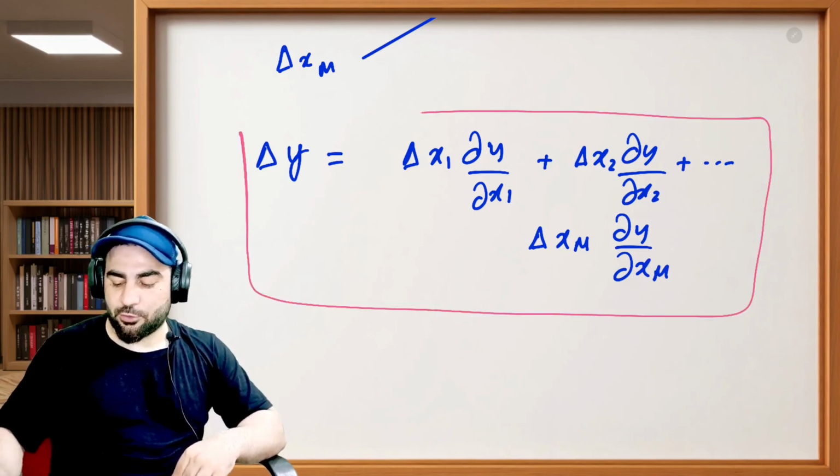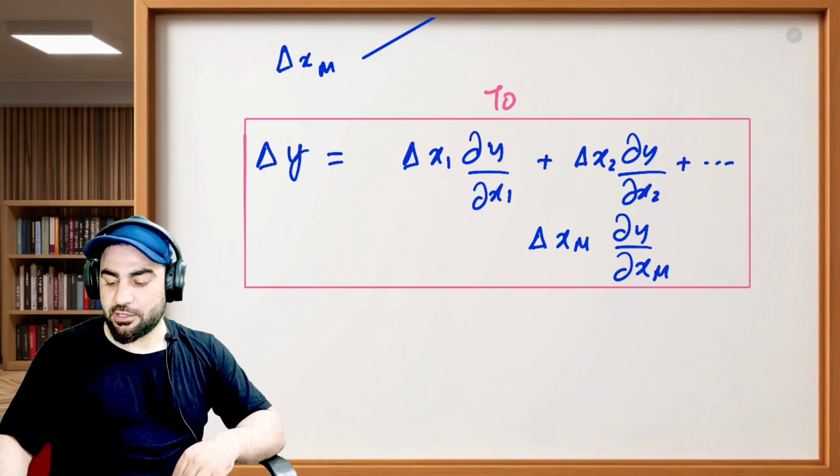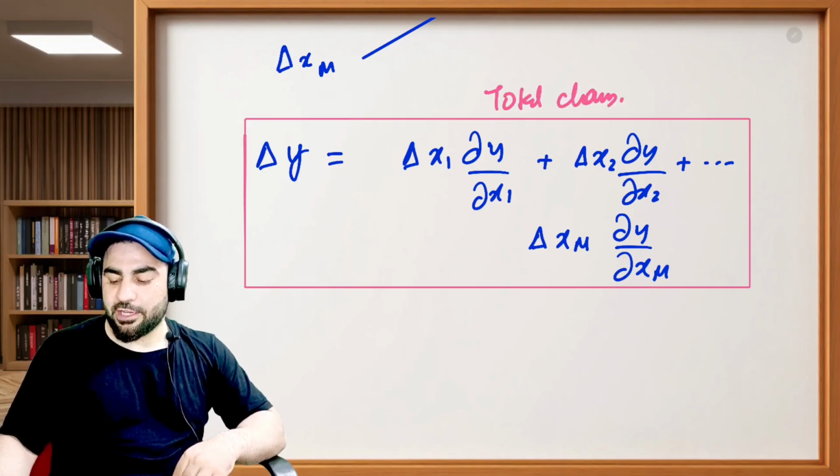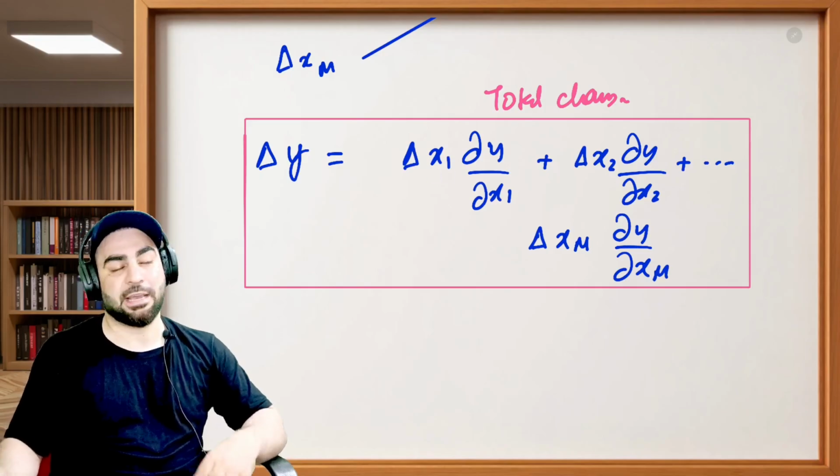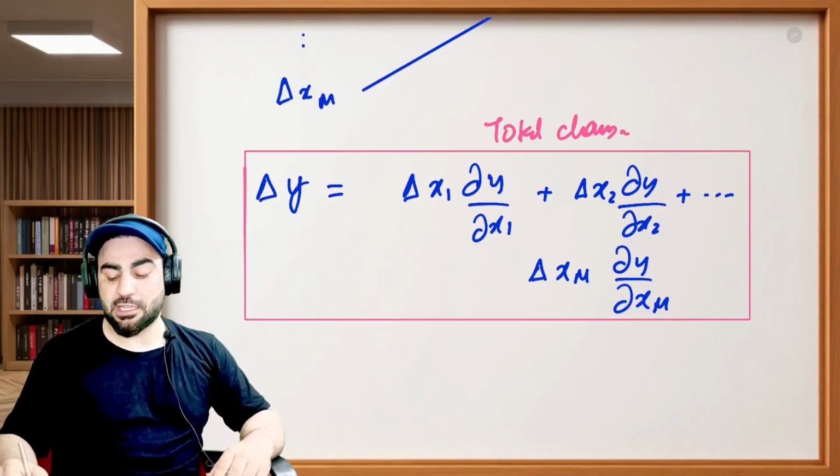This is how I can write the total change in y if I nudge delta x1 by a little, x2 by a little, and xm by a little. If I nudge all the parameters, this is the total change that will happen.